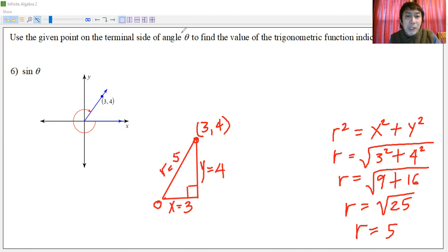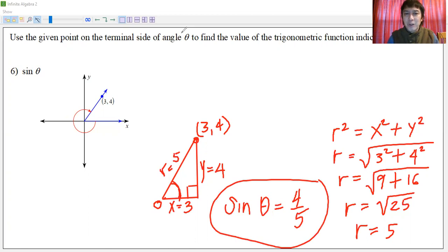We will be needing the 5 for the sine. The sine function is opposite over hypotenuse. In our triangle, the 3 is adjacent, considering our reference angle is this angle here. For the sine function, it will be the side opposite to that angle, so that's 4/5.